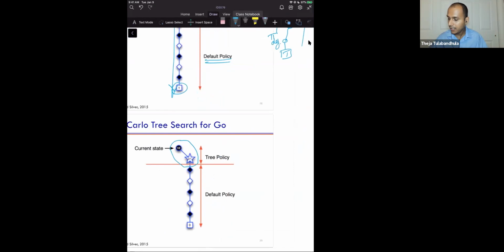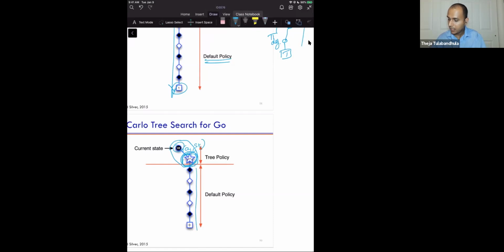So the next time you're going to pick an action. Let's say in this state there are 2 actions. You pick action 1, and then you include that state-action pair, action 1 and the starting state, into your search tree, the tree policy region partition, and from there onwards, it's the default policy.